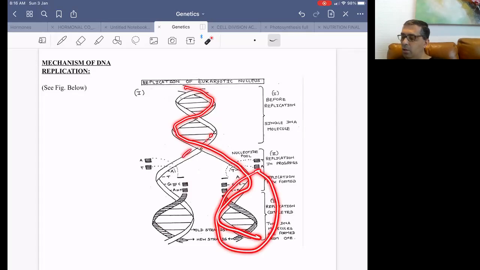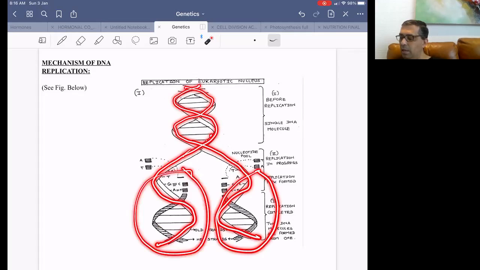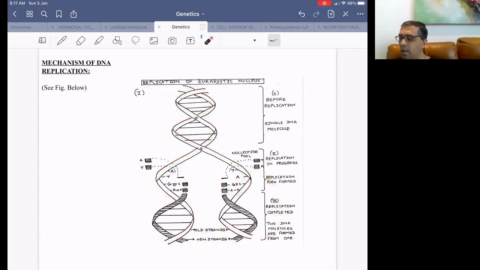One mother DNA will form two daughter DNAs, each daughter DNA retaining one of the mother's original strands and one new strand.